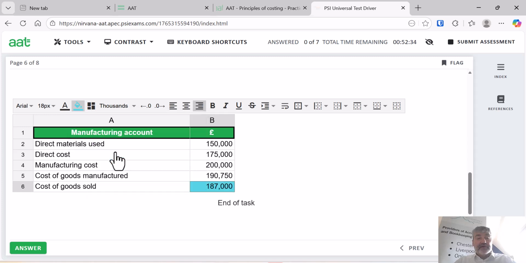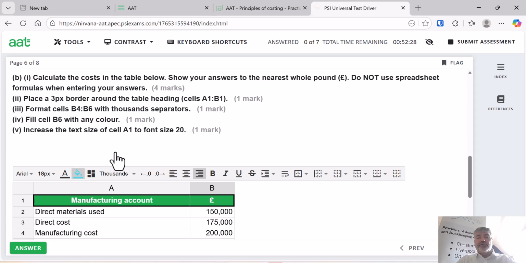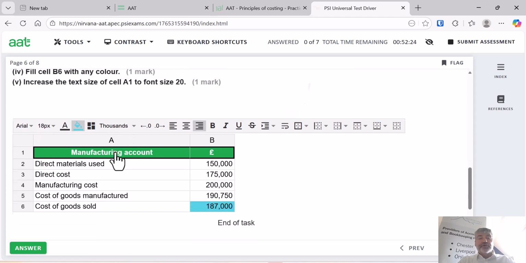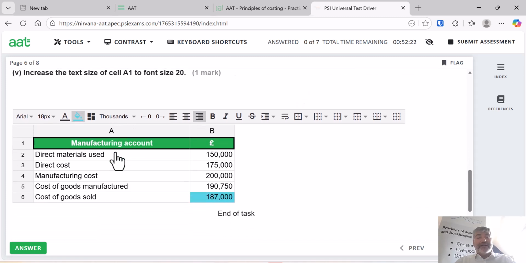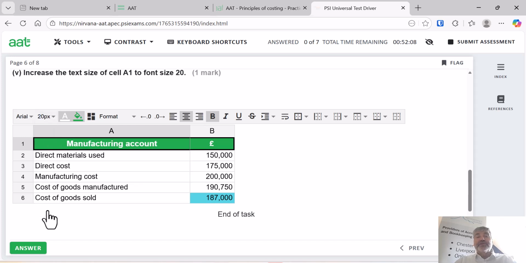I'm just going to pick a blue color, and then finally increase the text size of cell A1 to font size 20. So just click on A1 and go and find my font sizes way to the left hand side of the menu, click the drop down and select the font size of 20.